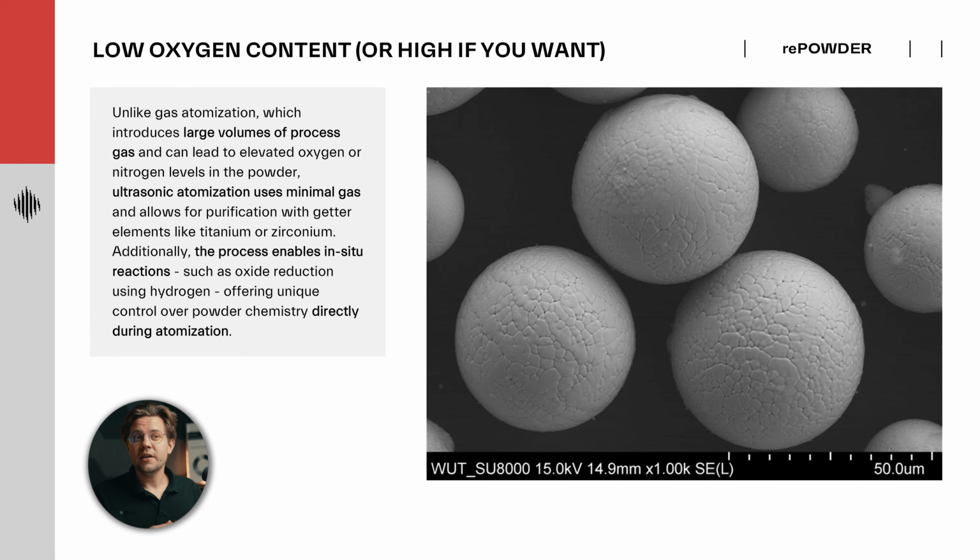Even more, it is possible to use a so-called getter: melting a tiny bit of titanium or zirconium to scavenge all of the leftovers from the inert atmosphere. If we melt such a titanium piece before atomization, it gathers all of the contaminants from the atmosphere, providing the highest possible quality of inert gas.